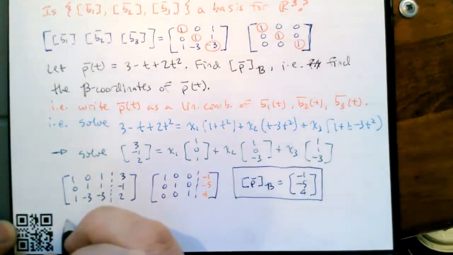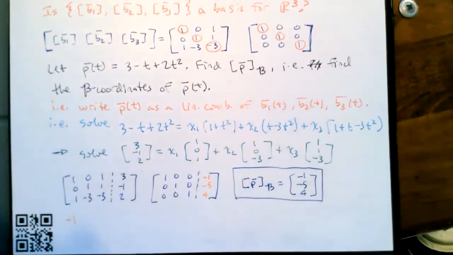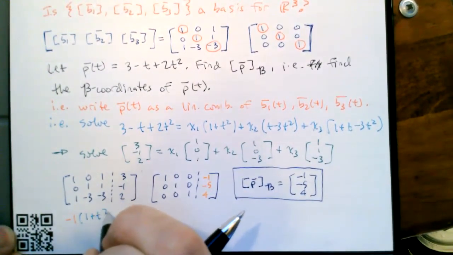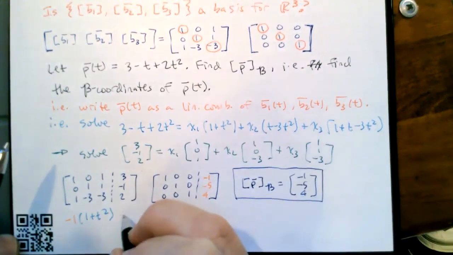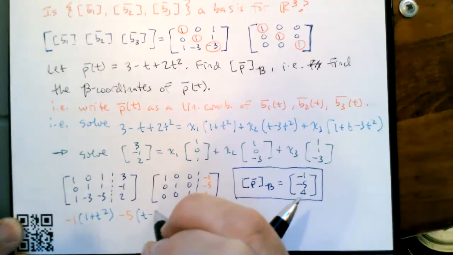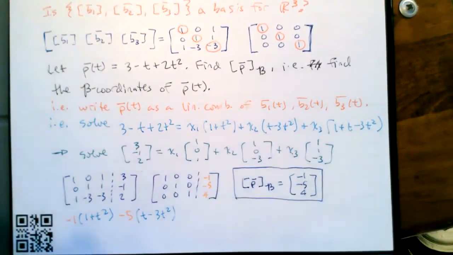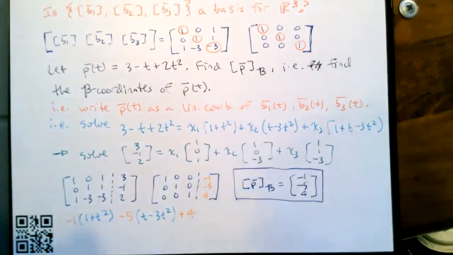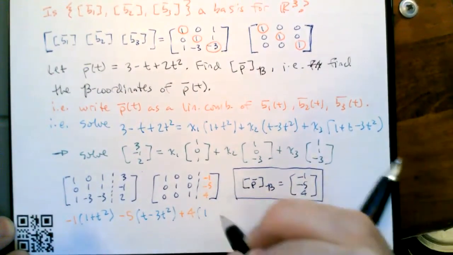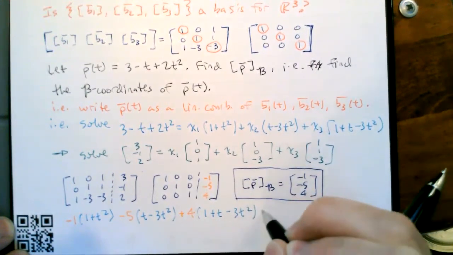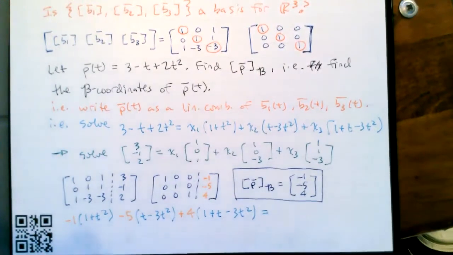So if I take -1 times 1 plus t squared, minus 5 times t minus 3t squared, plus 4, this should equal 3 minus t plus 2t squared.